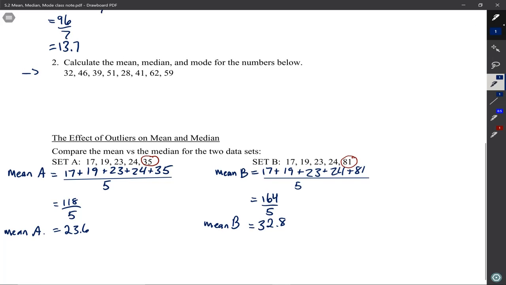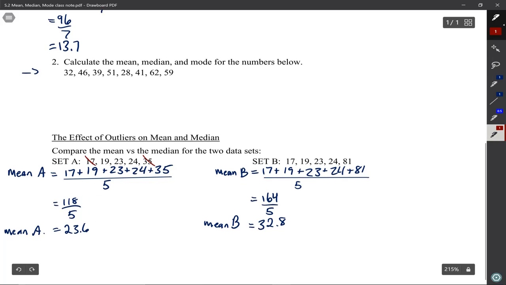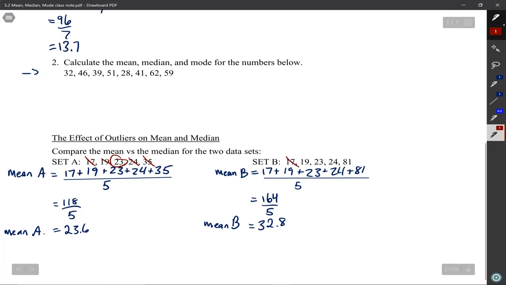Now if I look at our medians, for set A, I'll cross off the first and last, second and second last, and I'm left with 23. For B, I'll cross off our first and last, second and second last, and again I'm left with 23. So our medians are the same.